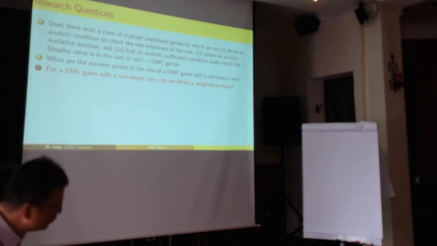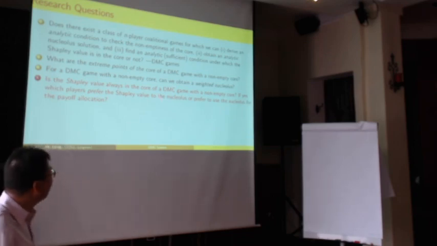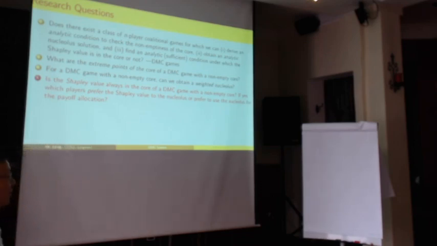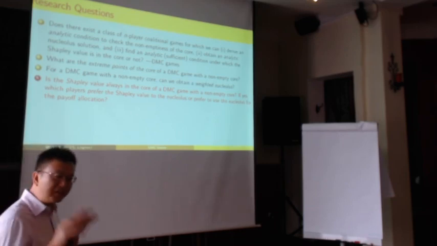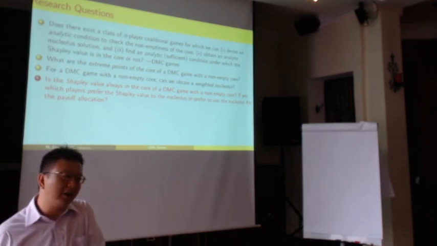Okay, we found two solutions. Next one, the Shapley value. Is the Shapley value always in the core of a DMC game with a non-empty core? We also find a sufficient condition. Okay. And the next one, suppose the Shapley value is in the core, so we have a nucleus allocation and we have a Shapley value allocation.